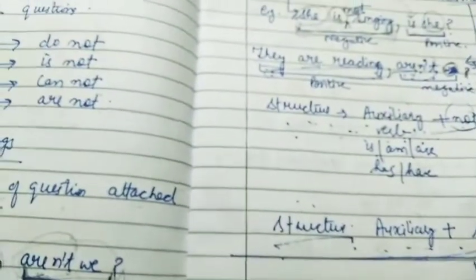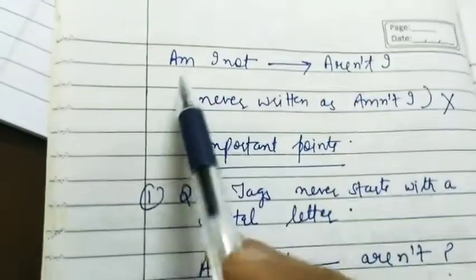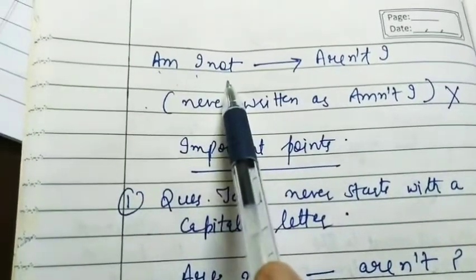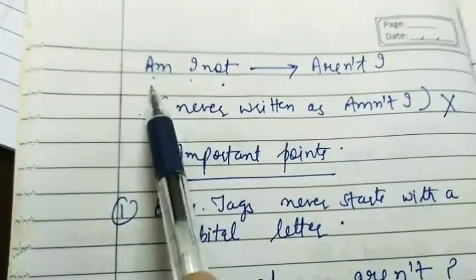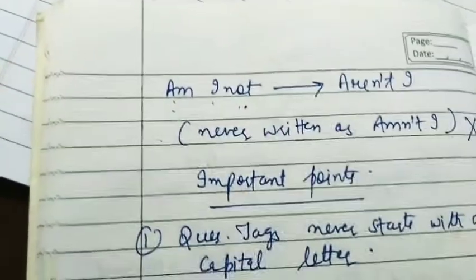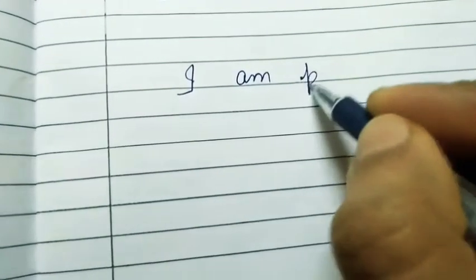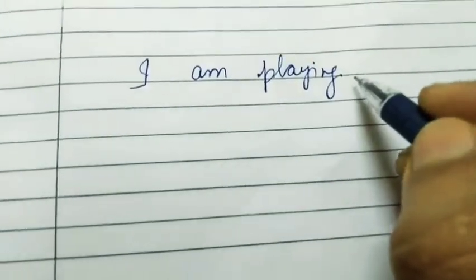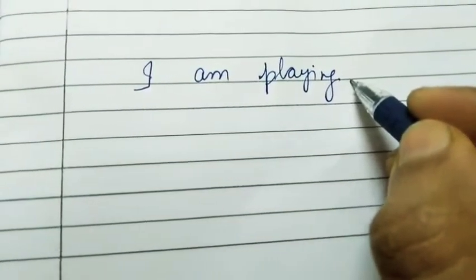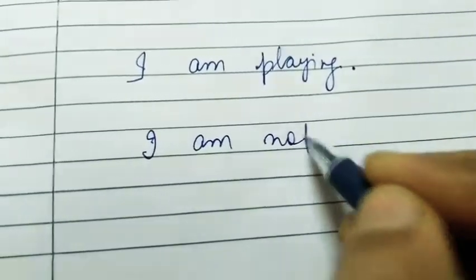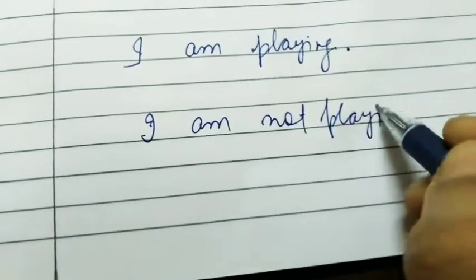Now let's see the next part, a few important things which you should note down. For example, if I say I am playing, one sentence is this, I am not playing.